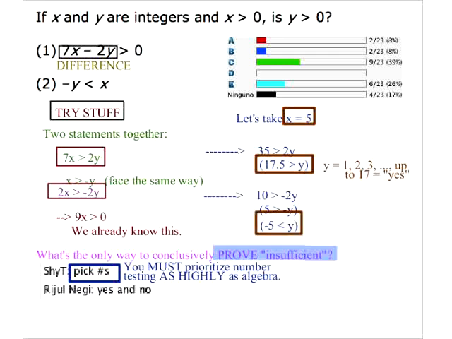But by the same token, if y is negative 1, negative 2, negative 3, or negative 4, those are no answers. So still insufficient. And that's going to give you an answer of E for elephant here. So a lot of people may be surprised because there's a lot of people who picked C for this one, but turns out it's not.